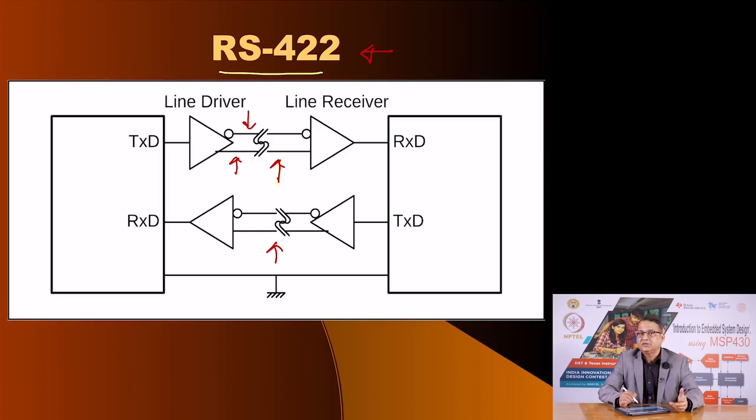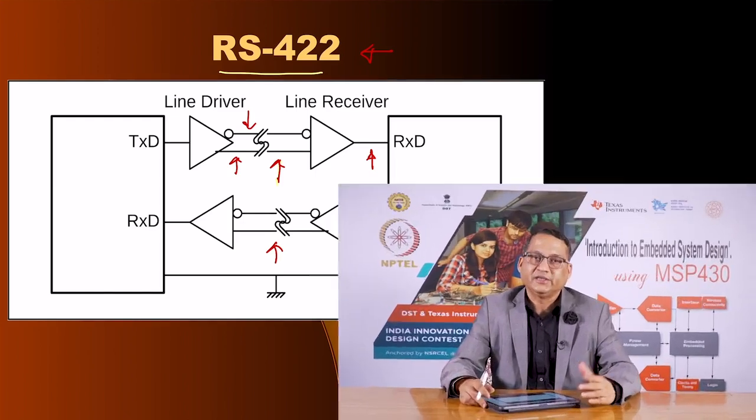It takes the difference of these two voltages, and any common mode noise that may have corrupted the two data lines would be subtracted out, and you would get your actual value back here. And so, these are called differential transmitters and receivers. They are able to communicate between two devices for a longer distance and a higher bit rate.